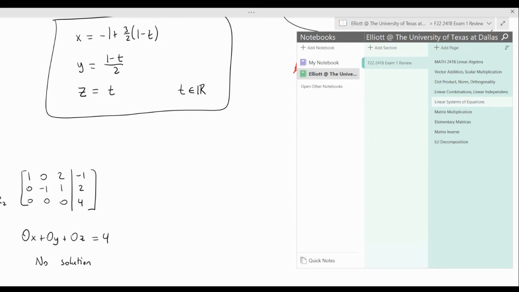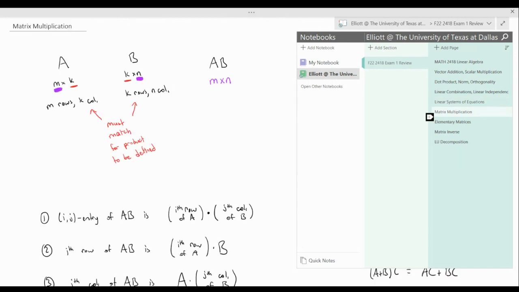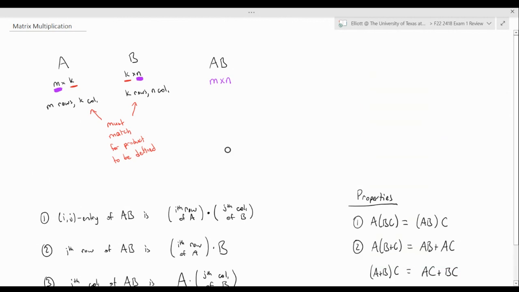So let me see what I have next. Okay. I want to spend some time talking about matrix multiplication next. Hopefully you guys are pretty familiar with it, but I'll go over it a little. So if we have two matrices, A and B, and A is a size M by K matrix, that means that it has M rows and K columns.